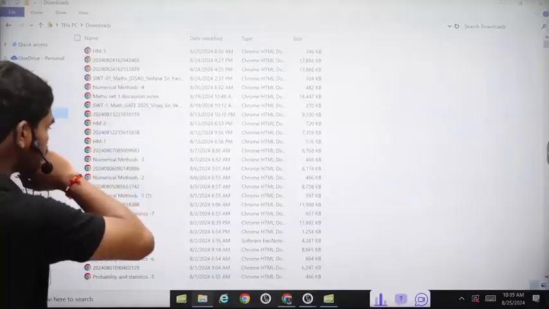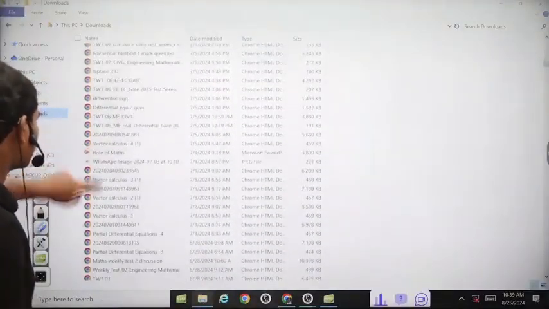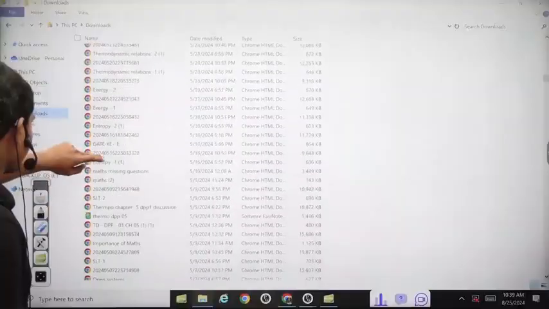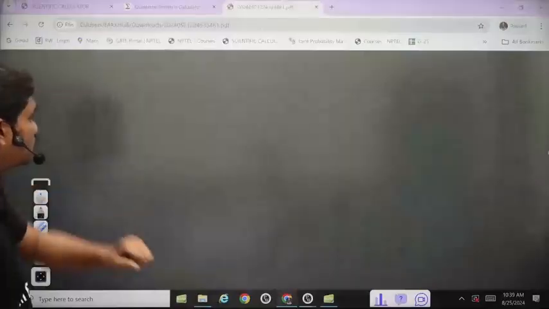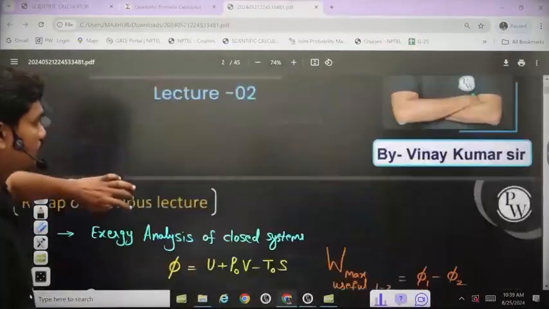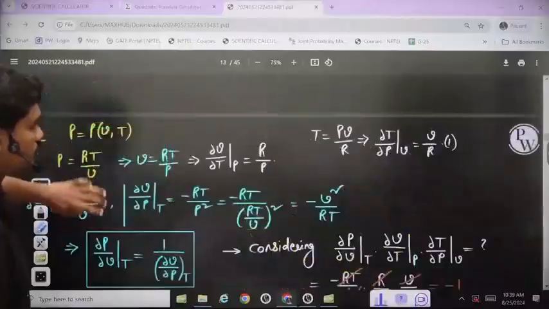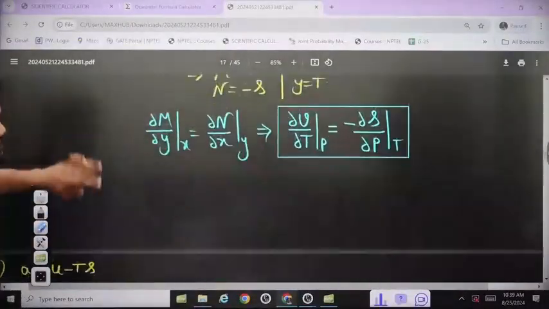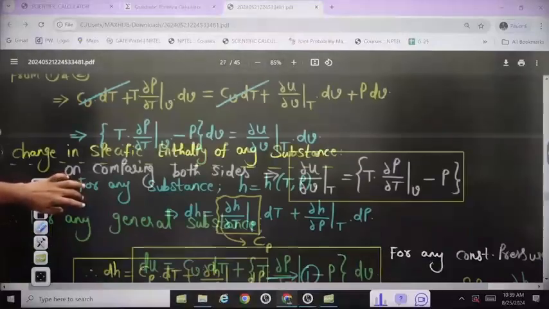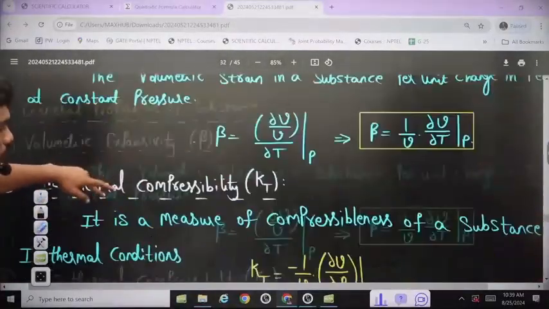I taught thermodynamics recently, I think 2 months back, to some English batch students. Entropy, exergy, thermodynamic relations, Joule-Thomson coefficient, all the graphs and all.